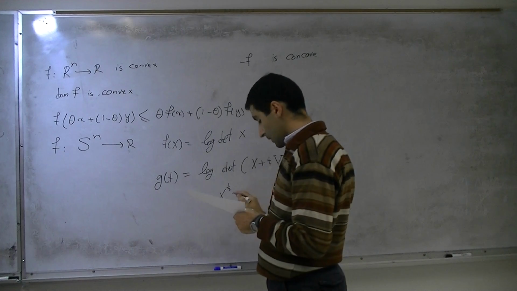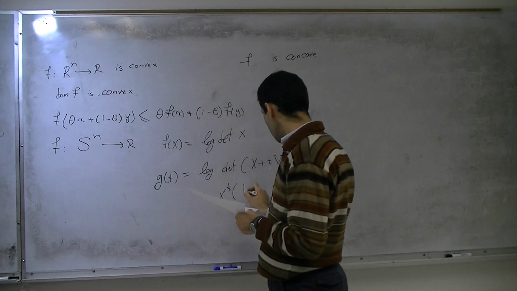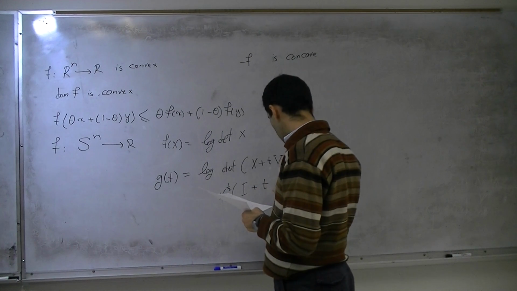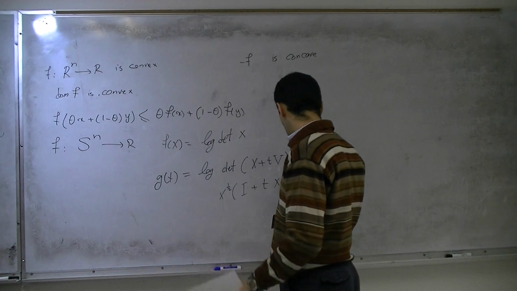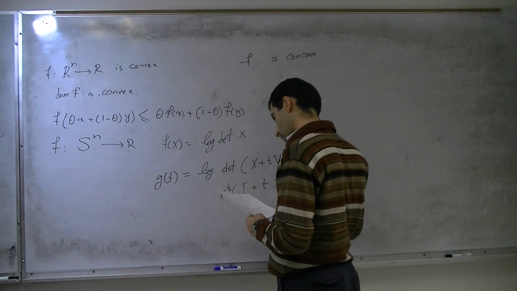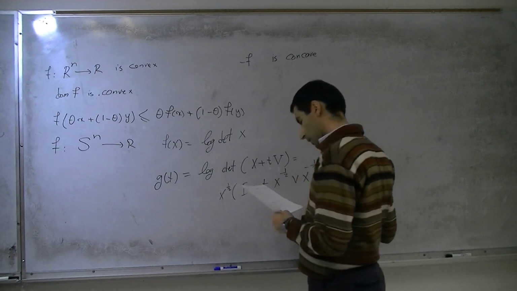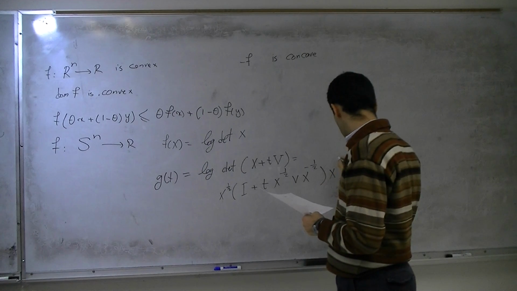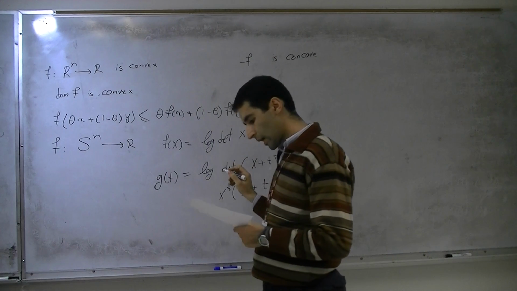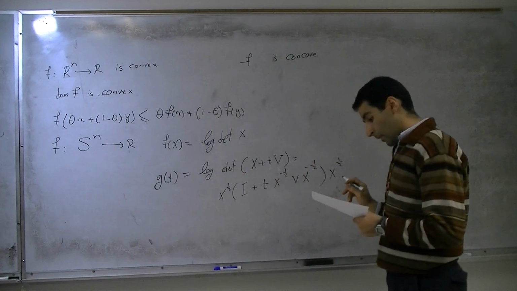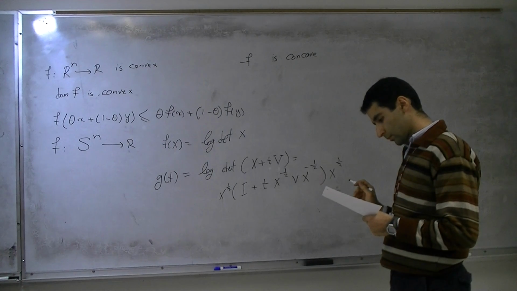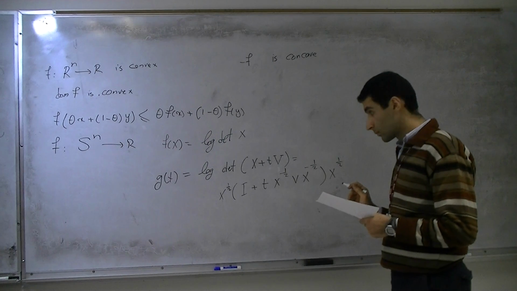I can rewrite this as x to the power 1/2, times I plus t x to the power minus 1/2 v x to the power minus 1/2, times x to the power 1/2.